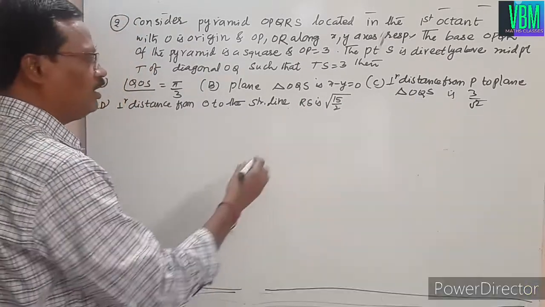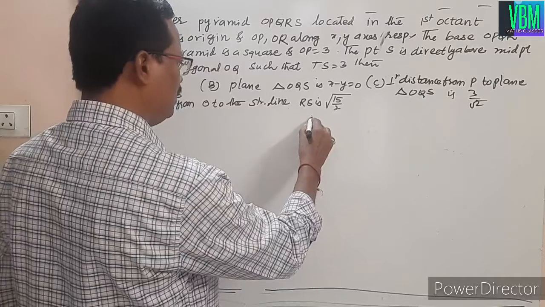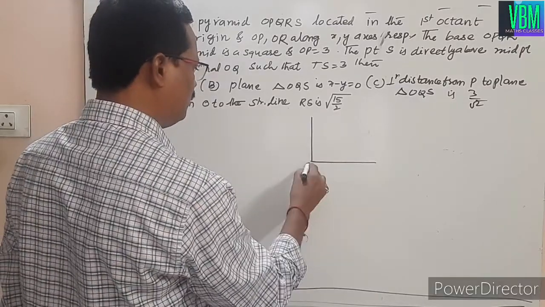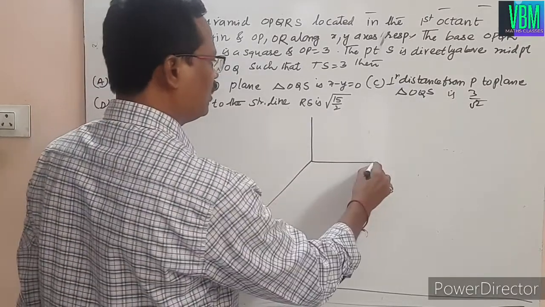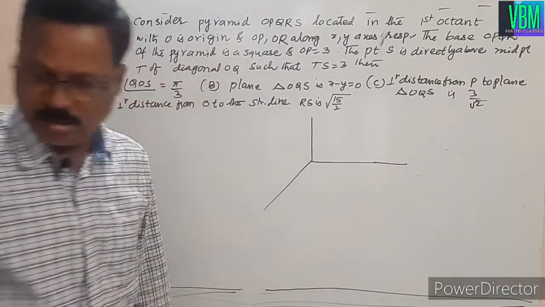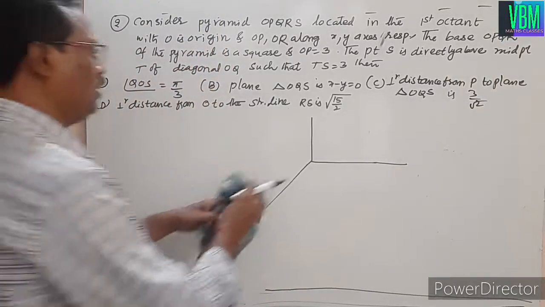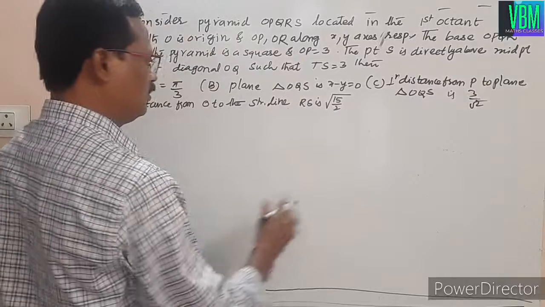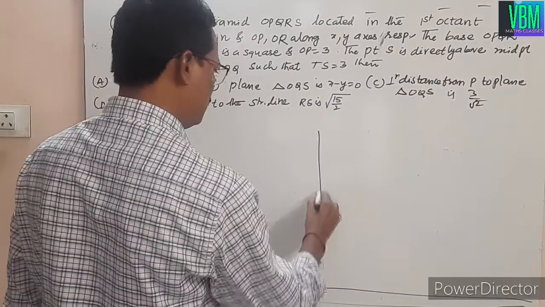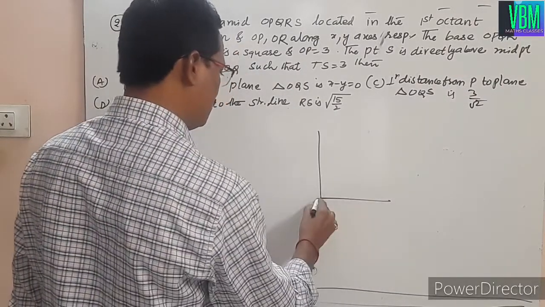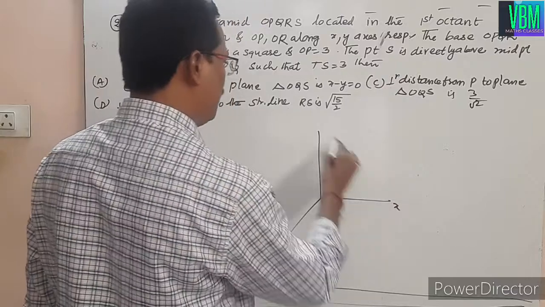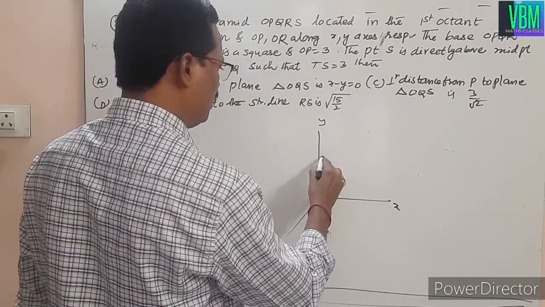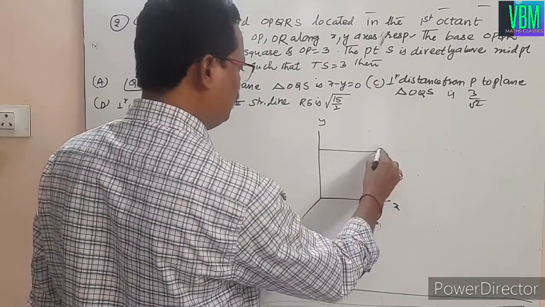Now let us draw the diagram for this. This is the x, y. This is the square.